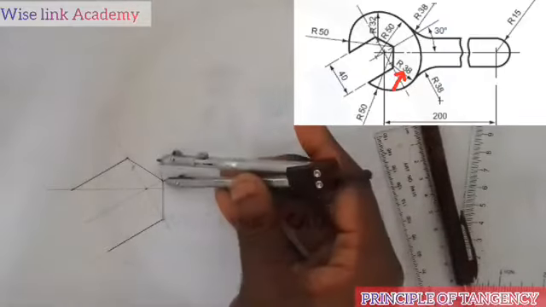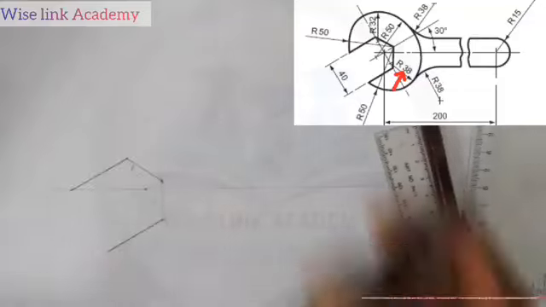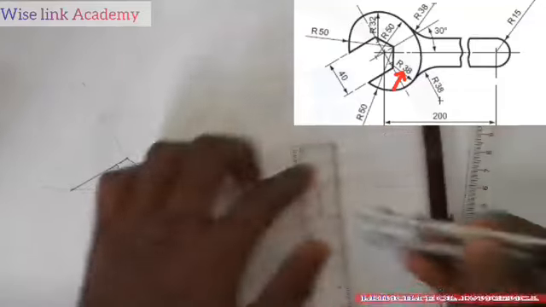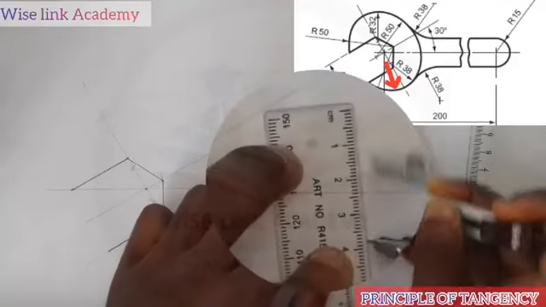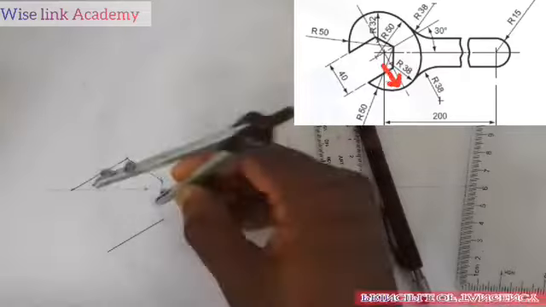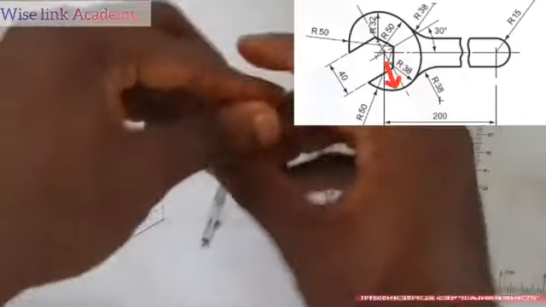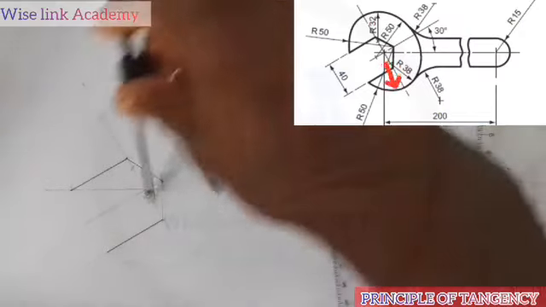At this point here, strike this arc. Next up, I will now measure 38 as given in the dimension, from here to here is going to be what? 38. Now at this point here, I will ensure that I get it to touch this way. I have this.